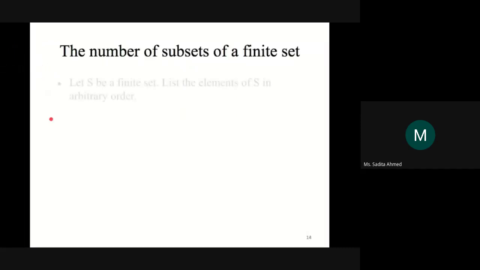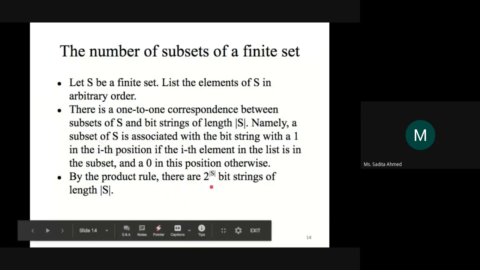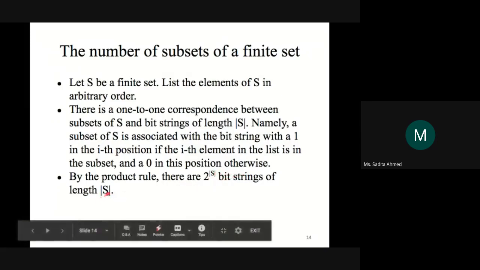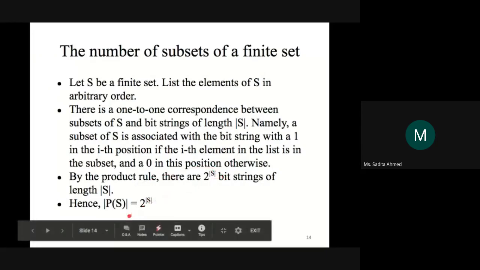So since there is a one-to-one correspondence between the two, we can say that by the product rule, there are 2 to the power of the size of S bit strings of length equal to the size of S. In other words, the size of the power set of S would be 2 to the power of the size of S. Okay? Is this clear to everybody?